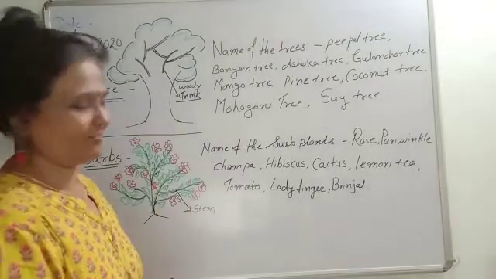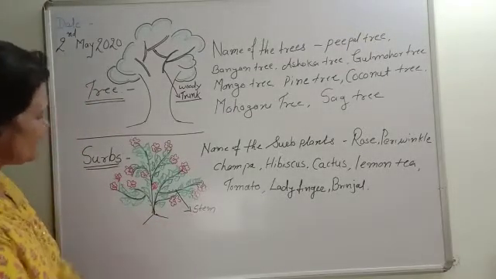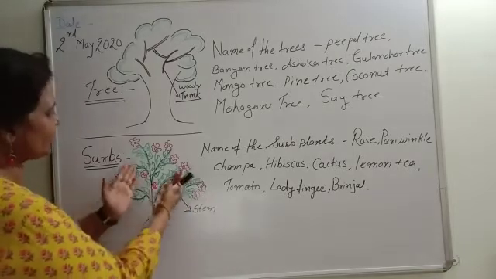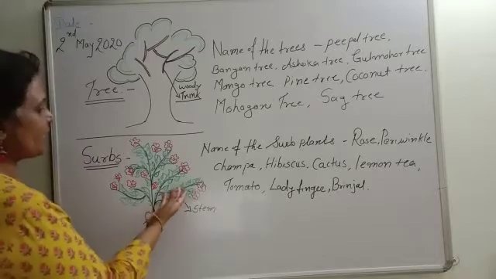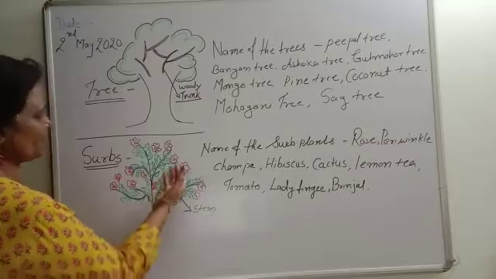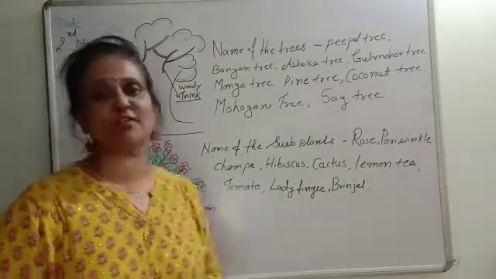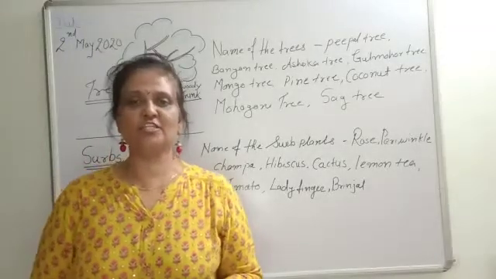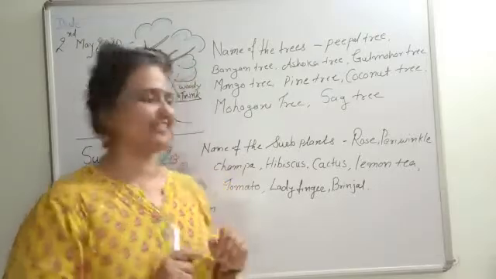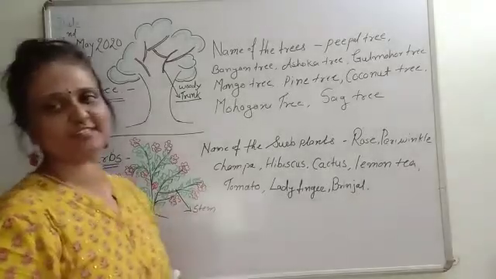Now we will see another picture. Shrub. Look at this picture. What do you see here? The stems are green in color. And lots of flowers grow on these plants. What does shrub mean? Shrubs are plants smaller than trees.